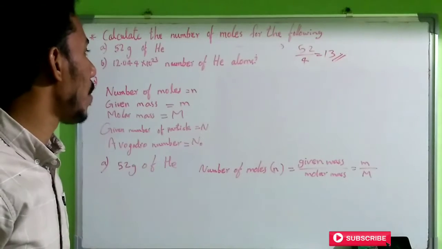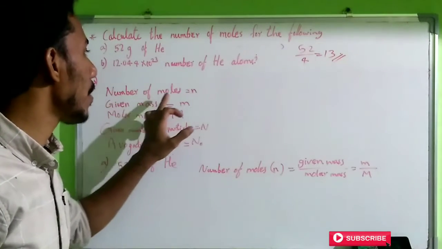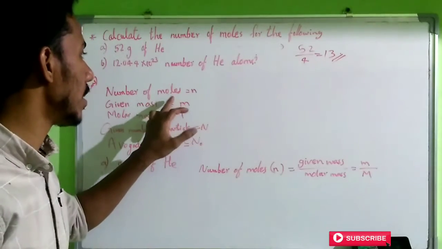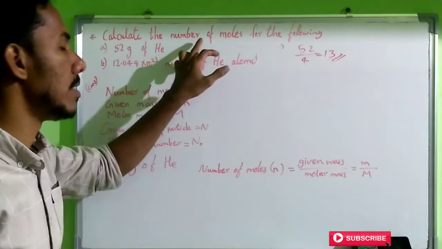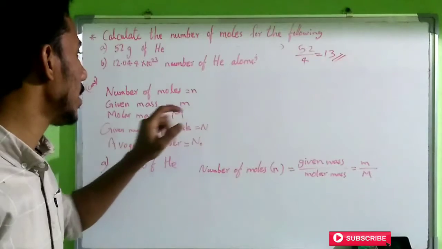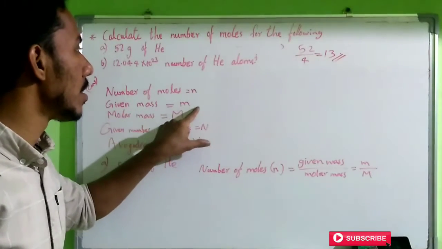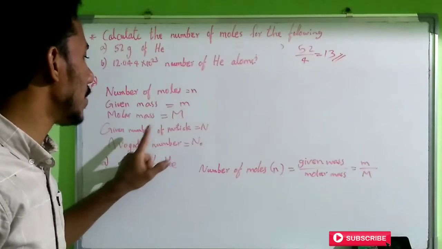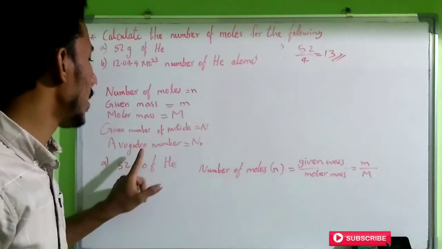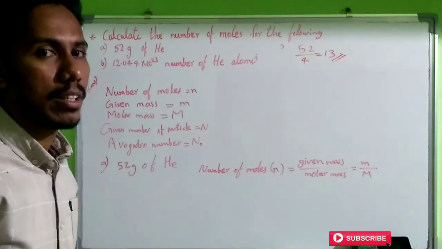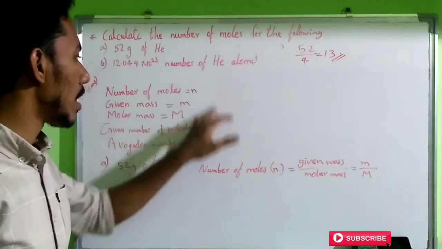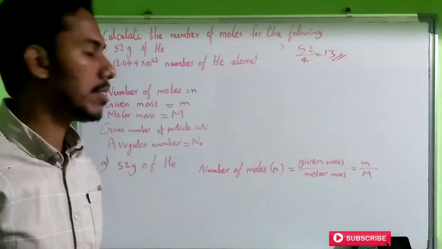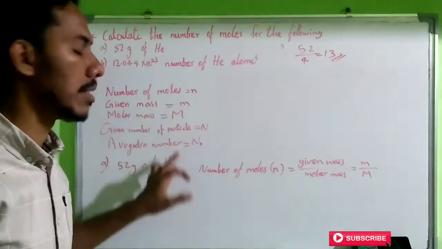First you have to mark the number of moles as small n. You can represent the number of moles, that is the answer, as small n, and the given mass is small m, molar mass is capital M, given number of particles is N, Avogadro number is N0. These are the representation letters.